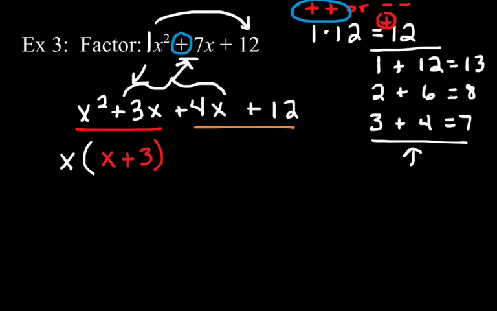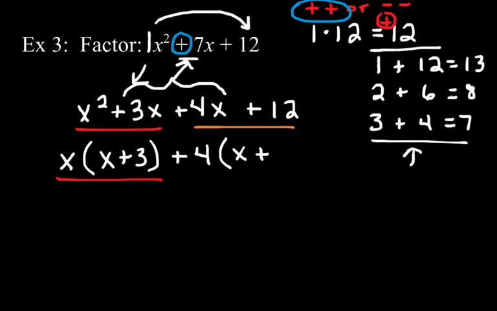Plus, and that's the first part, and then in the second part, we can factor out a 4 from both of these, 4 and 12. And when we divide out the 4, we're going to have the x, and then plus 3.